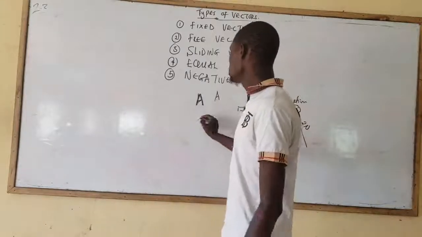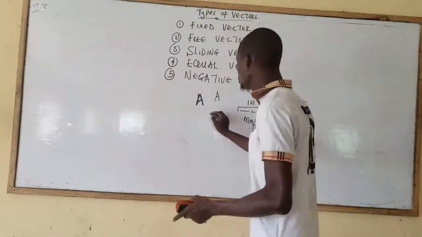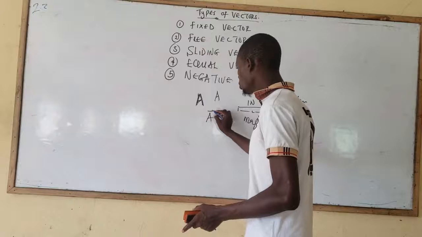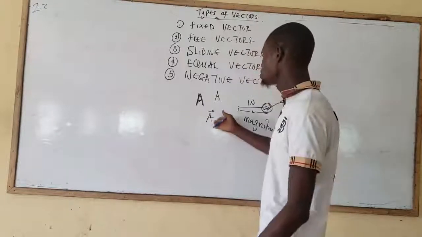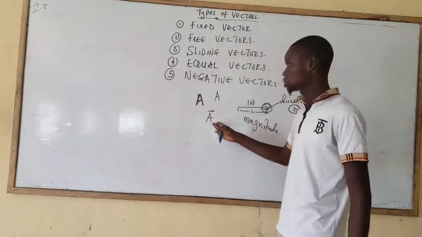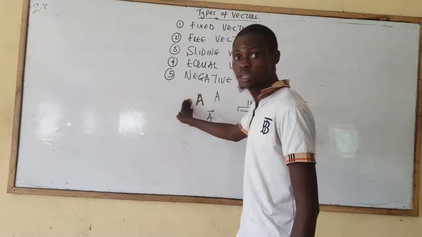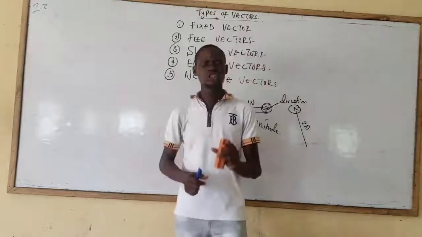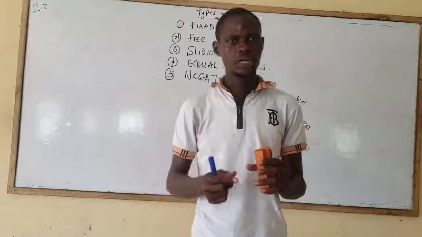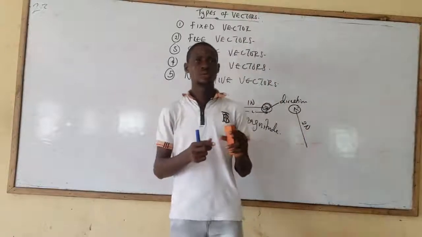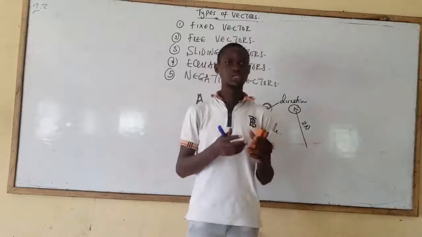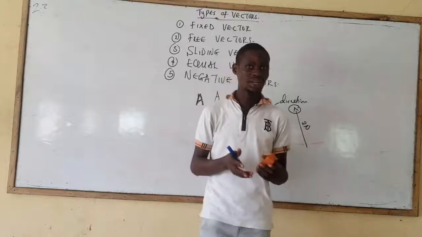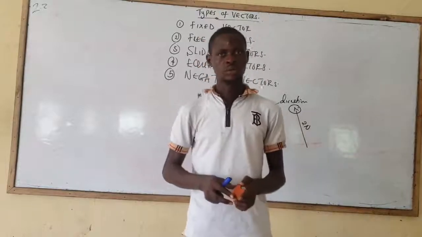We can also represent a vector by making use of an ordinary letter with an arrow on it, and we can also use a bold letter to represent a vector. From my definition, a vector is a mathematical representation of a quantity with magnitude and direction.